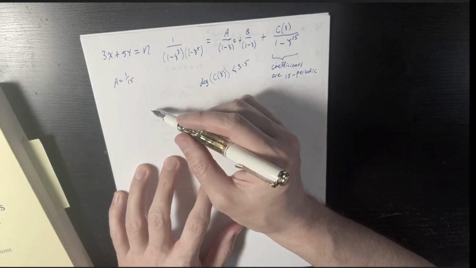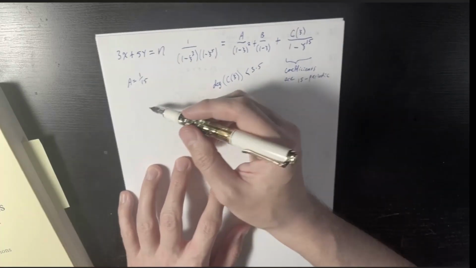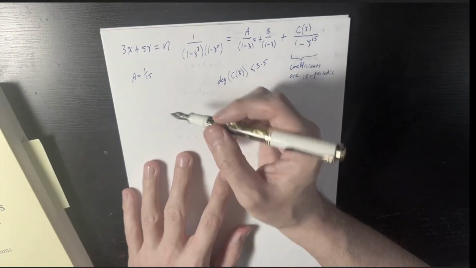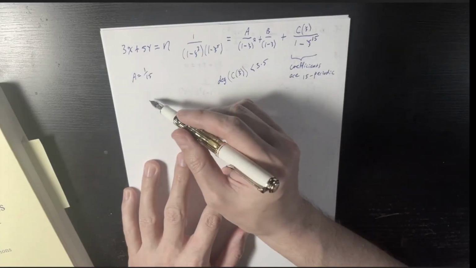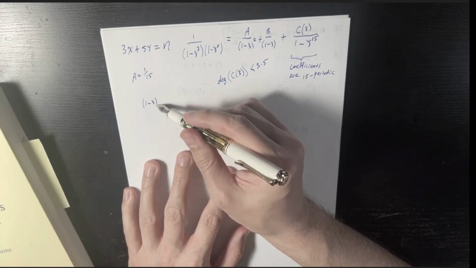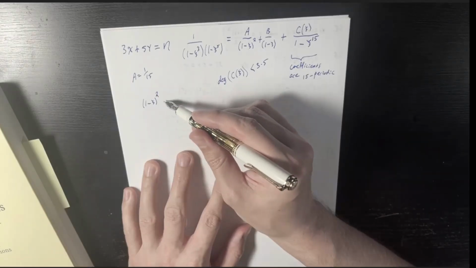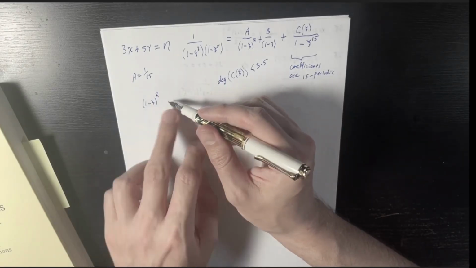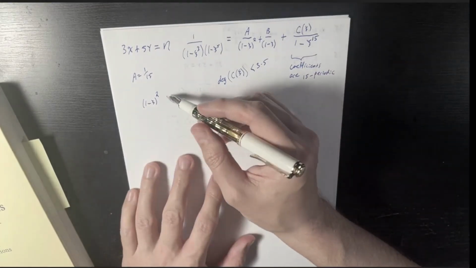So I guess part of this is one thing that they say in the solution: this denominator, if you were to factor it, the stuff that's left divides this term.